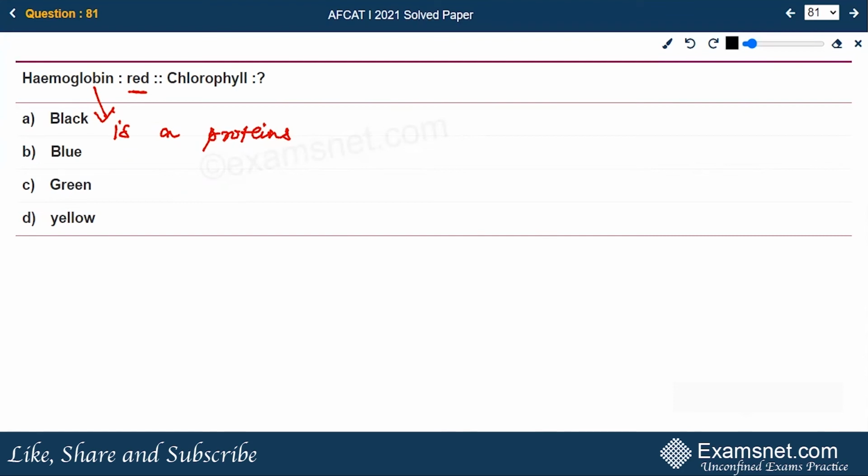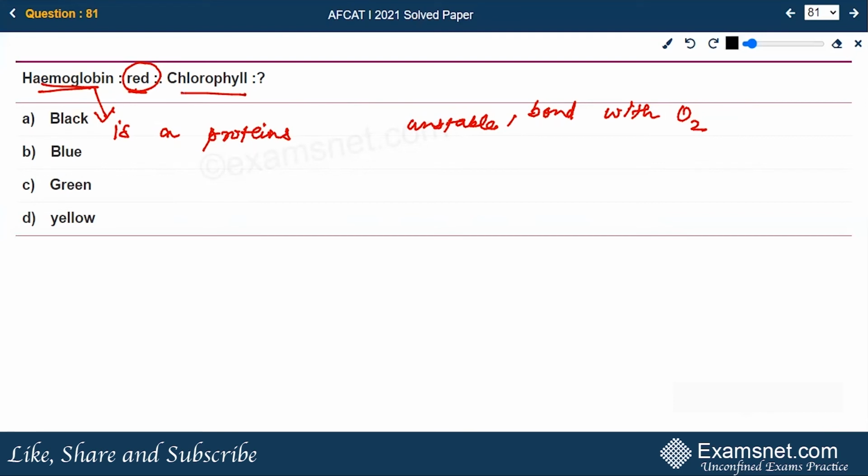Hemoglobin forms an unstable reversible bond with oxygen. In its oxygenated state, it is called oxyhemoglobin and it is bright red. It is the hemoglobin which gives the blood a red color.